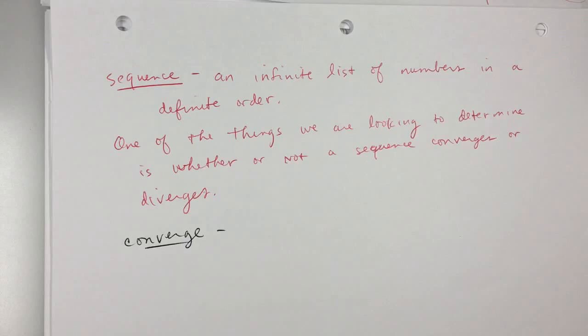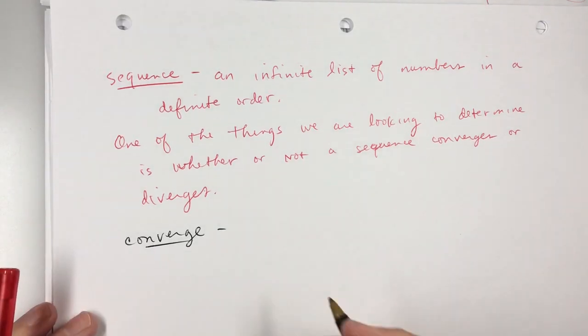A sequence would converge if, as n goes to infinity, the terms of the sequence get closer and closer to a certain number.